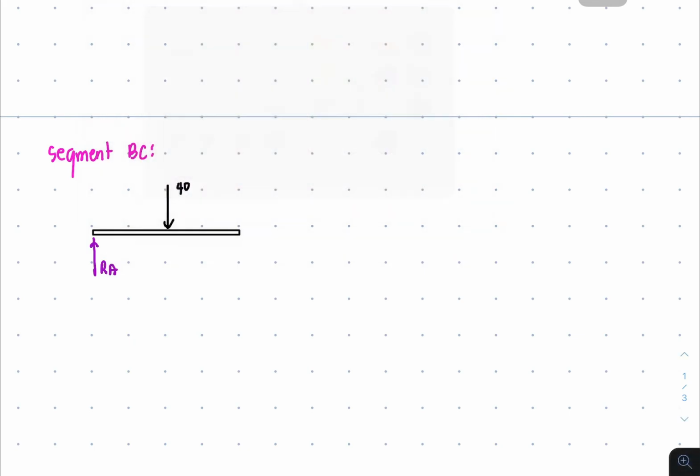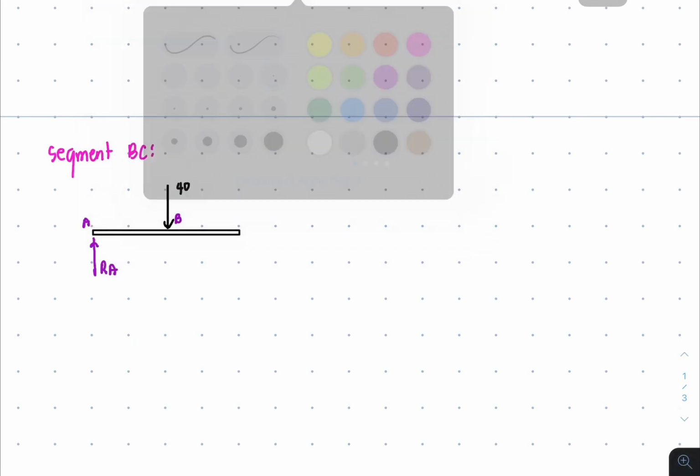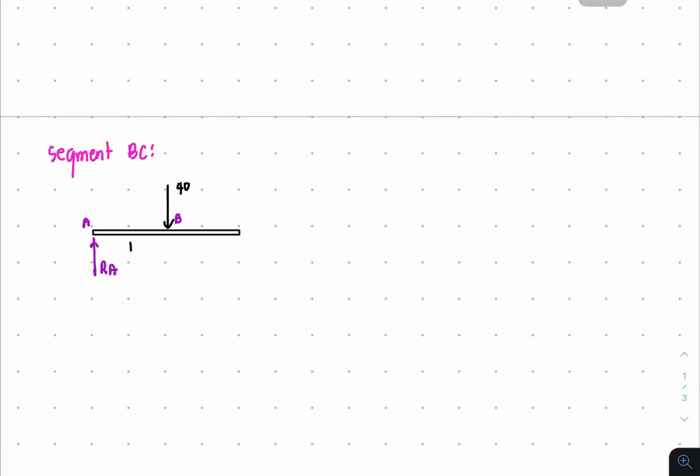This is your point A, this is your point B. In between the 2 points is 2 meters, and from here to the point of cutting, it's now X.